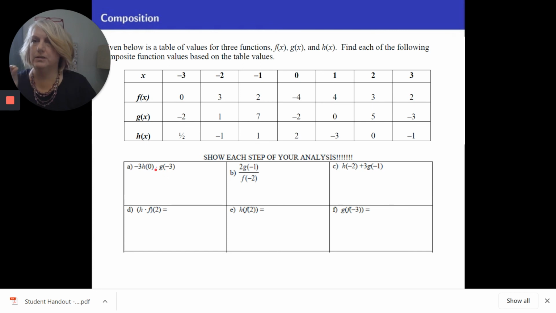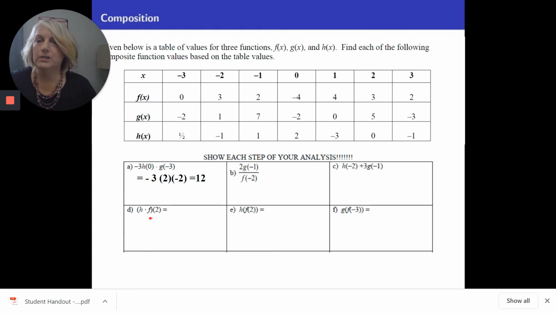See how that's a little tiny dot? That's not the open circle, so it's not composition. So if I'm doing that problem, there's my -3. For h of 0, we find 0, we look at the value, which is 2. And then g of -3, here's -3, so -2, and then we multiply, we get 12.